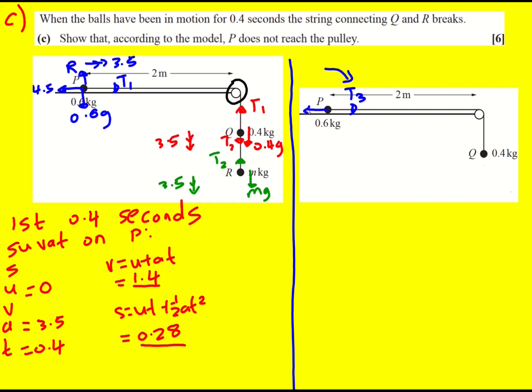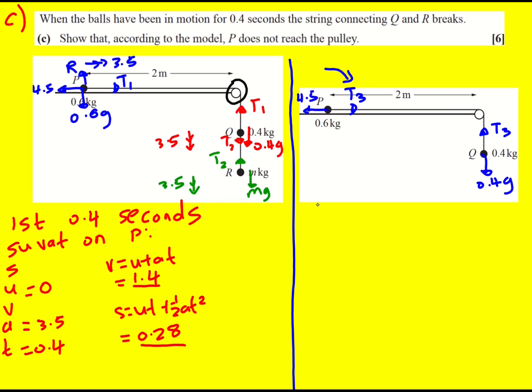This is going to be the same friction going to the left, or at least that is what we're assuming. And then on Q, there's going to be that same tension acting up, and then the weight acting down. And let's see what's happening. It's probably going to be slowing down. You wouldn't expect otherwise, because if it doesn't slow down, it is going to reach the pulley.